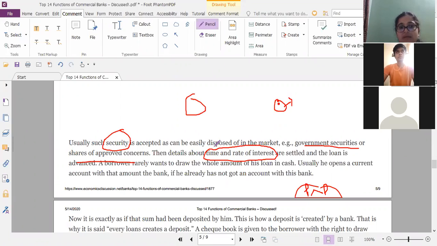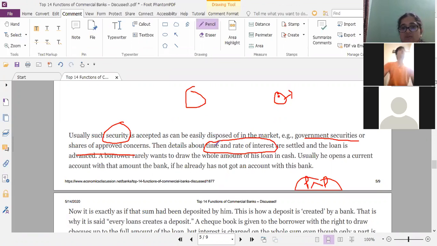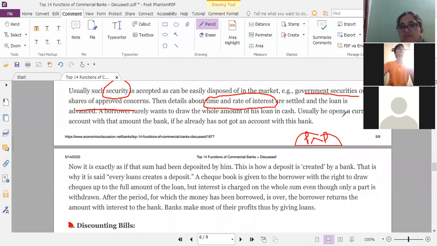A borrower rarely wants to draw the whole amount of his loan in cash. Usually, he opens a current account with that amount in the bank, if he has not already got an account with this bank. So usually, the people who are borrowing loan don't take money in the form of cash at one go, right?